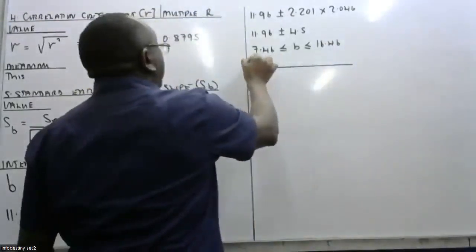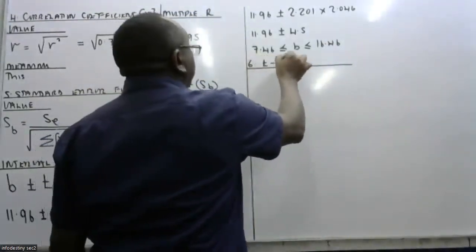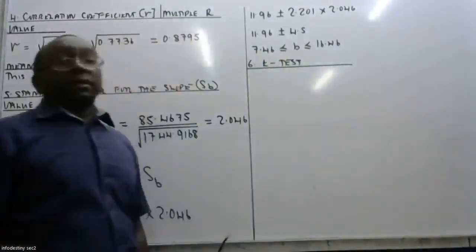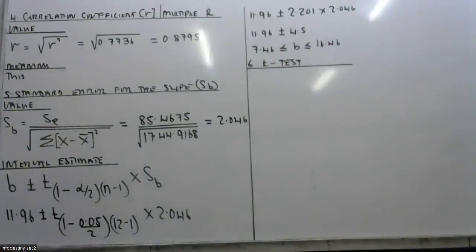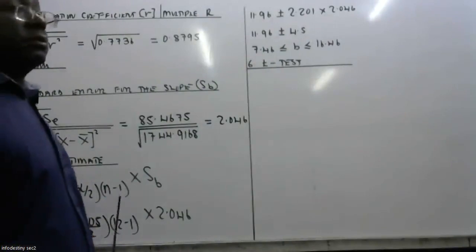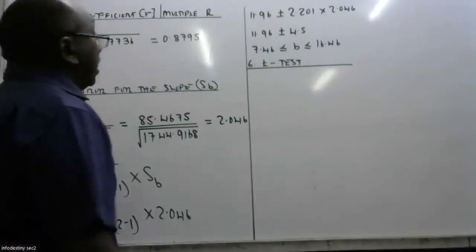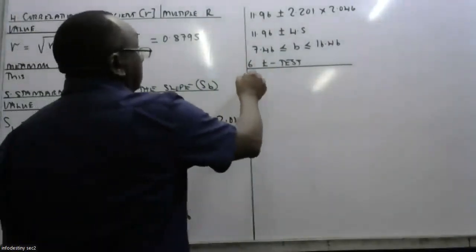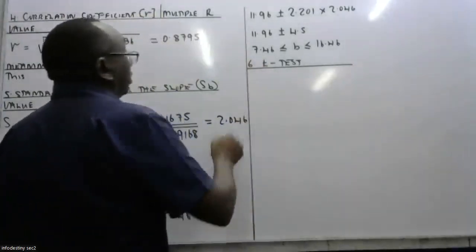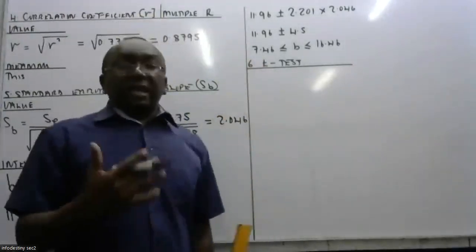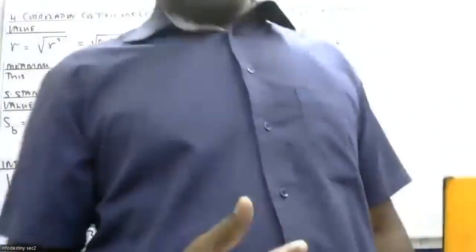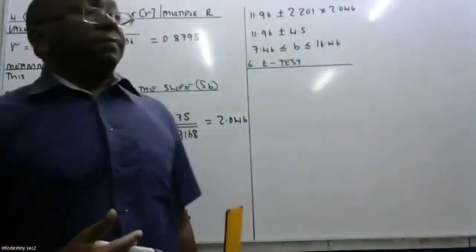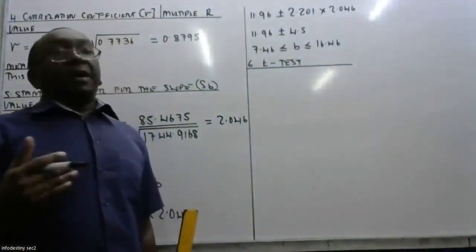Number 6 under that is called the t-test. The t-test is used to test the significance of the independent variable: how strong it is as an explainer of the dependent variable.